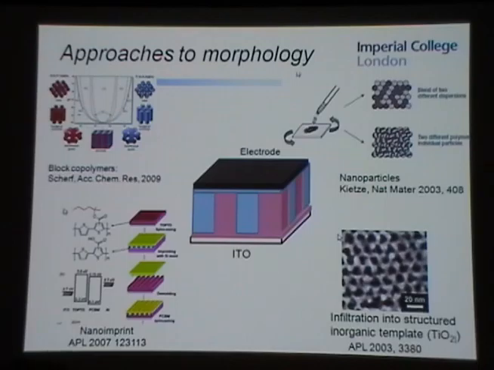I think it's fair to say that most of the block copolymers that have been reported so far don't show particularly good performance. And one of the challenges is that the synthetic chemistry that goes into making conjugated polymers is not very well controlled. It's not well controlled like it is for living polymerization, for example.